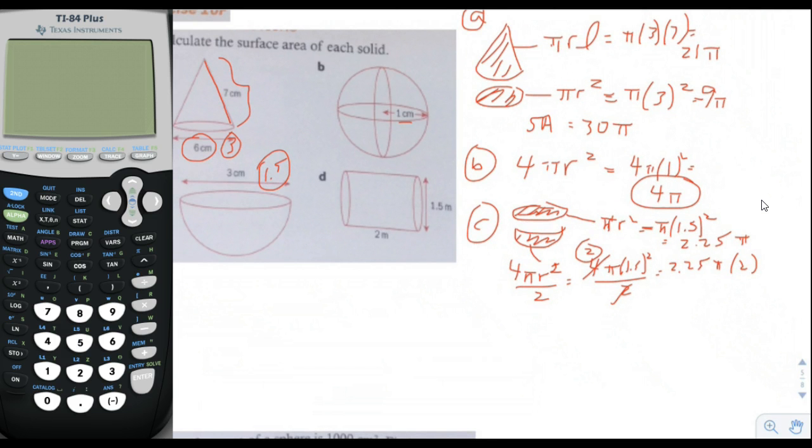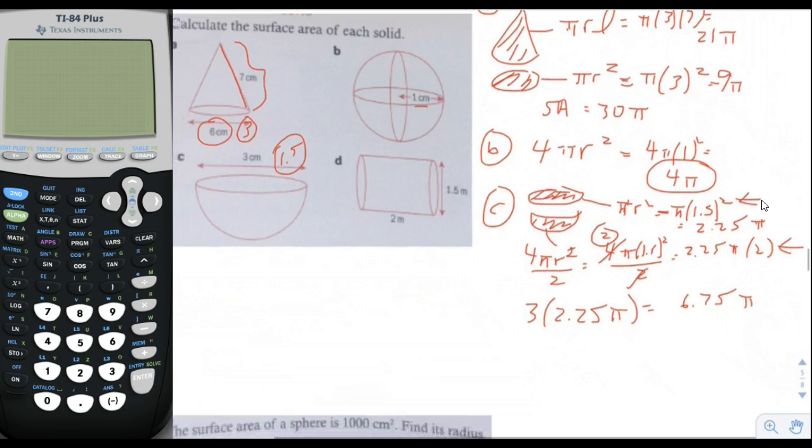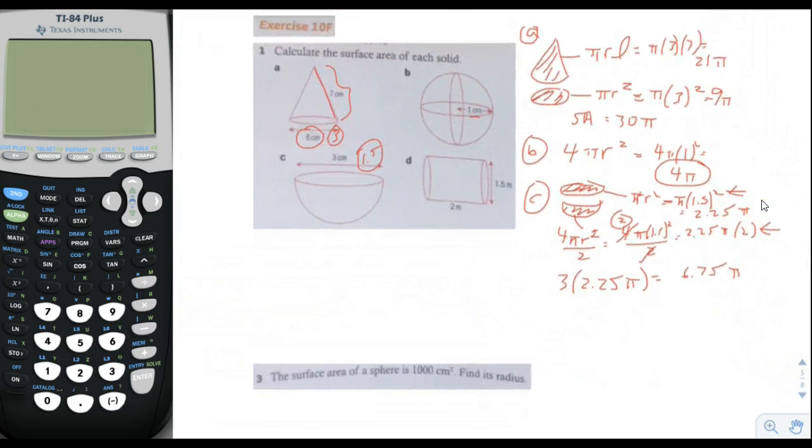So if you add those together, you get 3 times 2.25 pi, because you have 2 of them here and you have 1 of them here. So that would be 3 times 2.25, which is 6.75, so you'd have 6.75 pi. That's C. Okay? What about D?